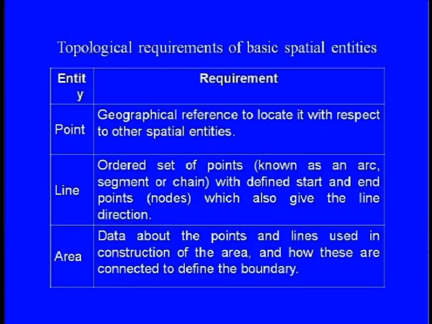For line entity, it must be an ordered set of points known as an arc, chain or segment with a defined start and end points, which also gives the line direction. And the third entity could be area, which may have data about the points and the lines used in the construction of that area and how these are connected to define the boundary.